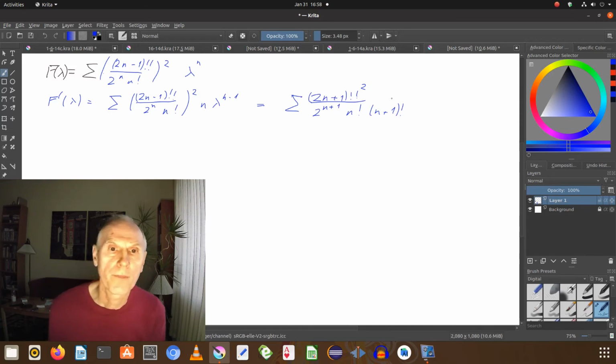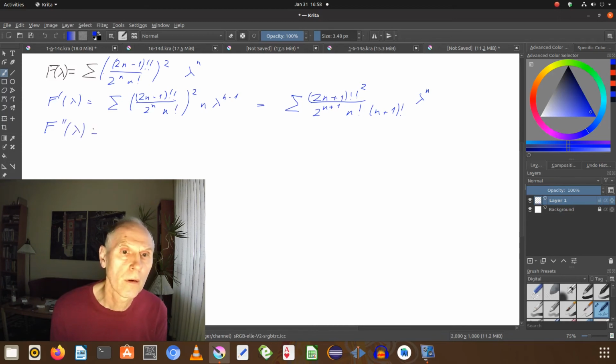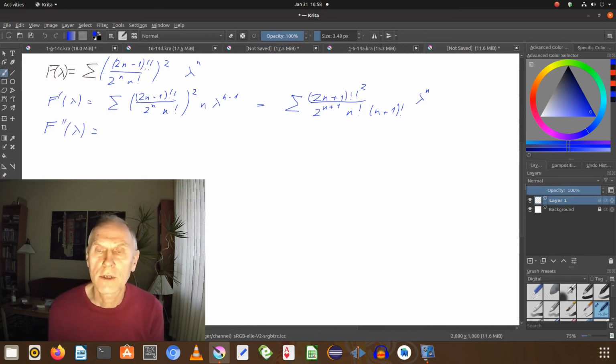So, times lambda to the nth, and then we differentiate once more. And that gives another n, so it's n minus 1 here.